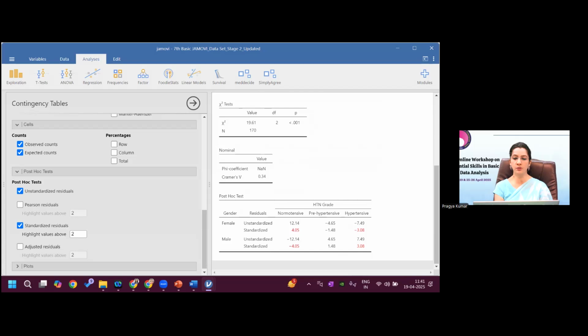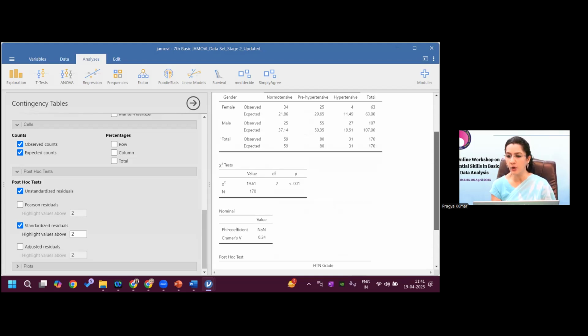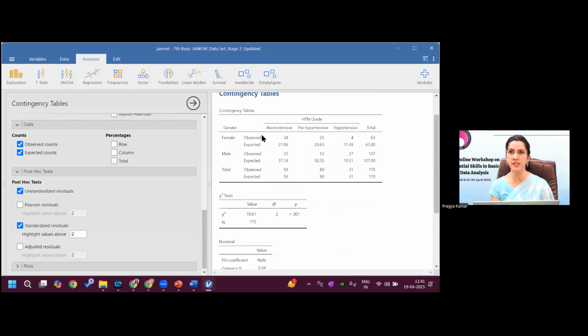So this also helps you to write the result and discussion, because it goes one step beyond simply saying it's significant, which the reader will not be able to understand. If you give this table and simply say that it was significant, then I'll have to go and check each cell. Again, I may say that my strength of association, my phi or Cramer's V, was moderate, so there was a moderate association.